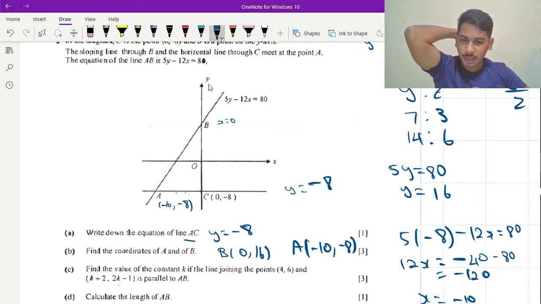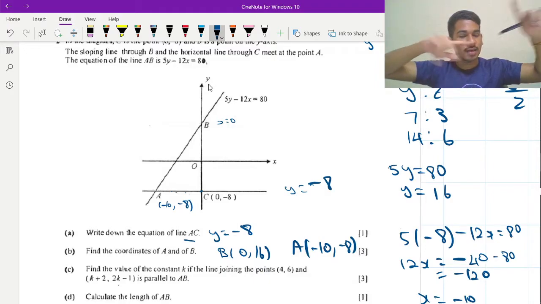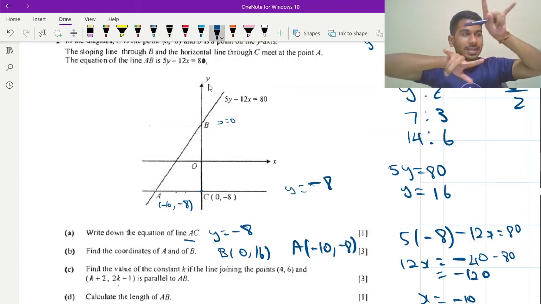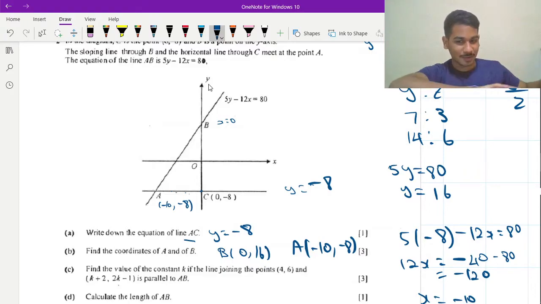Find the value of k if the line joining those two is parallel. We have 2 points, so we can use those two to get a value of the gradient. But we already know the value of the gradient, so we can just equate them to get k. That's my idea.